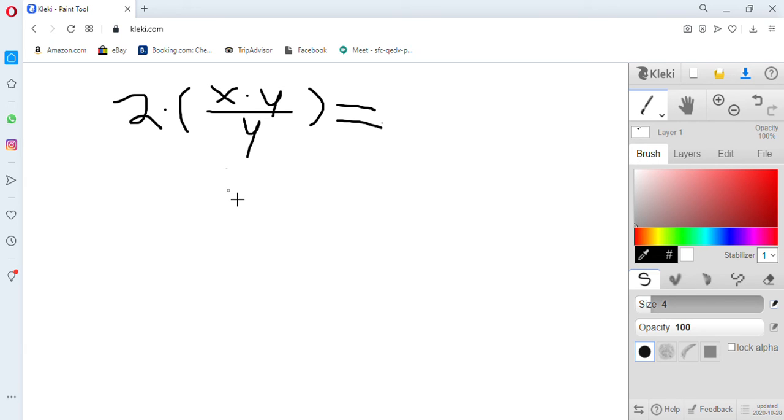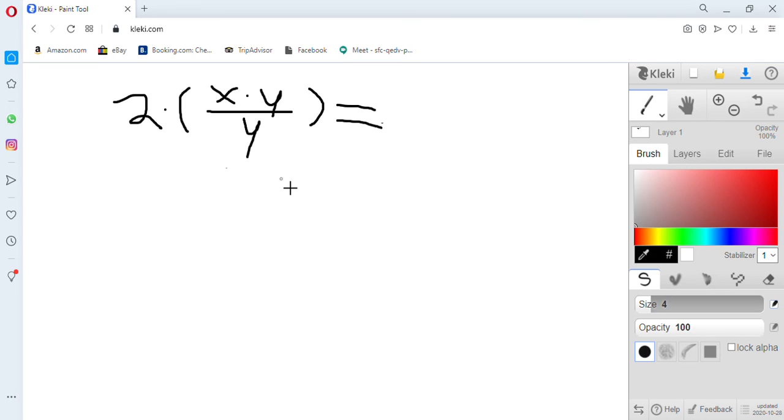Or you can do it with two fractions. You have to multiply the two numerators by each other and multiply the two denominators by each other. But that's a little different. This is a number multiplied by a fraction. Well, let's do this first. So you see, you got x times y. That's going to be xy.